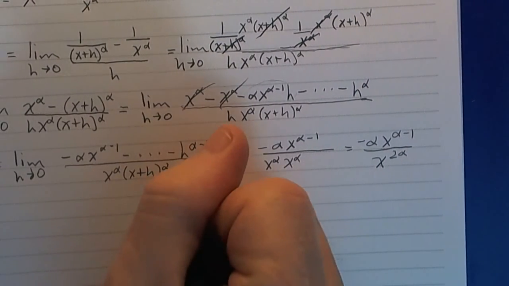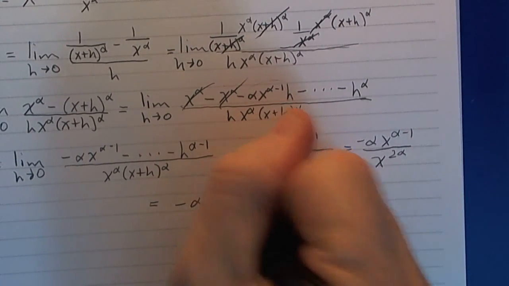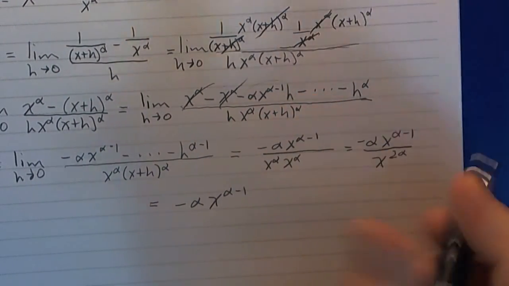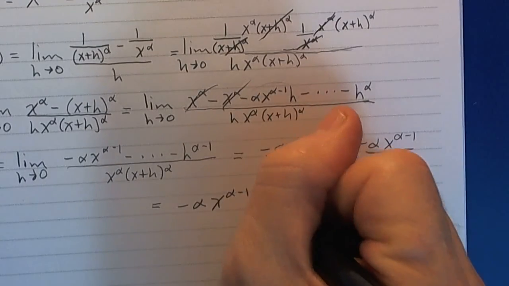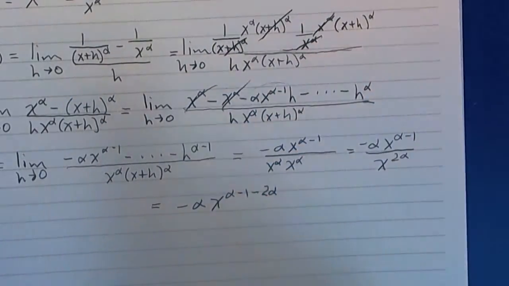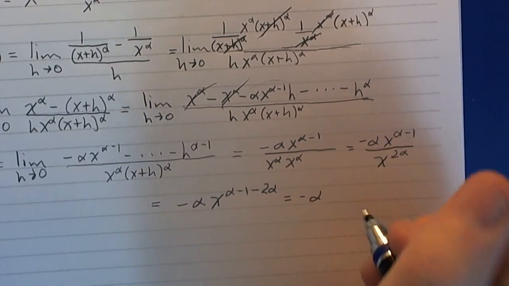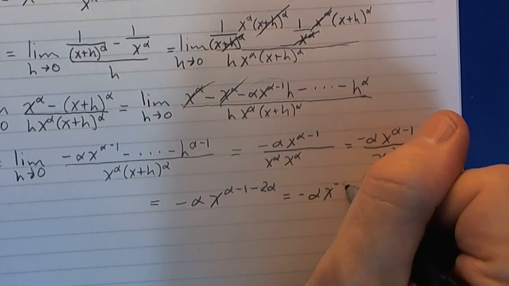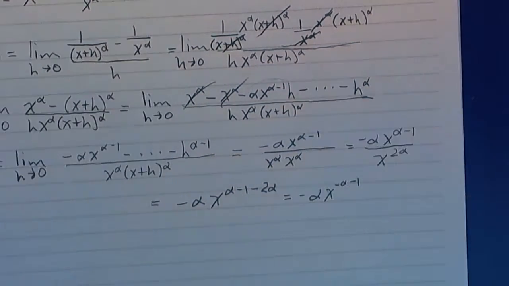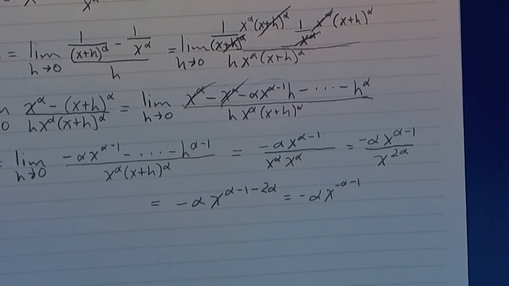Now let's see what that is. If we simplify it a little bit, we've got negative alpha, x to the alpha minus 1. And remember, if you have the same base, you can subtract the exponent. So minus 2 alpha. And that will give me negative alpha, x to the negative alpha minus 1. Yeah, there it is.